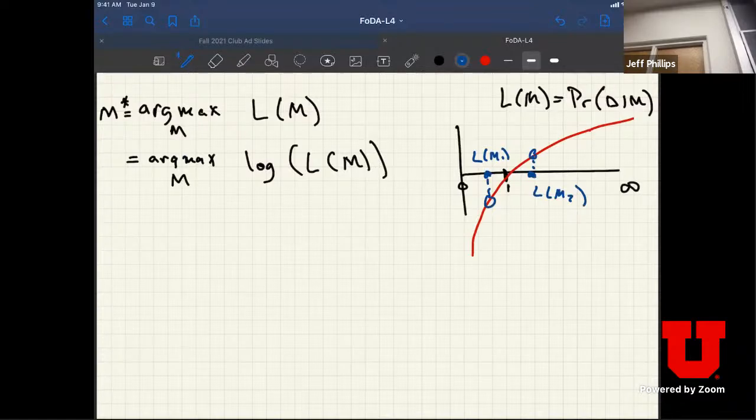That means if I want to find the arg max, I don't care about the value, just the one that maximizes it. If I do a log transformation, it's still going to give me the maximum. So when I'm inside this arg max, I can put a log in front, and I still will get the same best model.